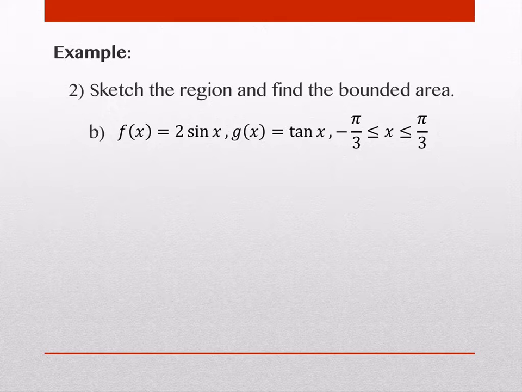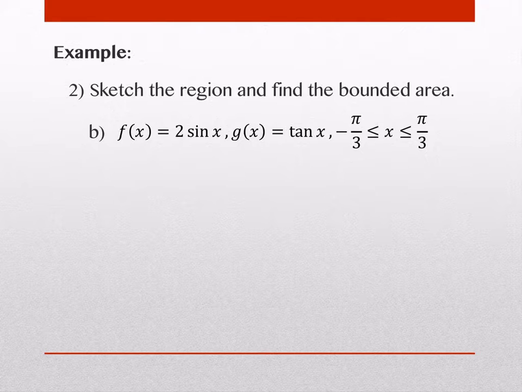Okay, so the cool thing I want to make mention of here is they've given you a very friendly graph in the sense that they actually told you it went from negative pi over 3 to pi over 3. So they told you the endpoint negative pi over 3. You can see on your graph that this stops at 0, and then it's going to go from 0 to pi over 3 after that, right? So in that sense, this is a very friendly problem. All right, so let's take a look at how we would write this problem out.